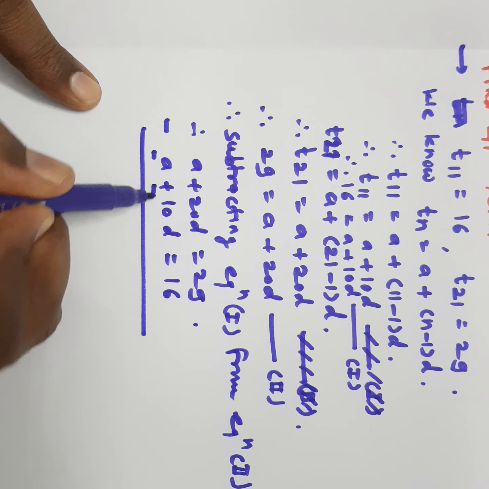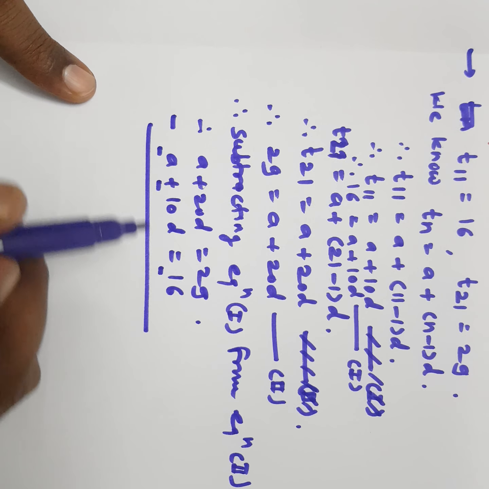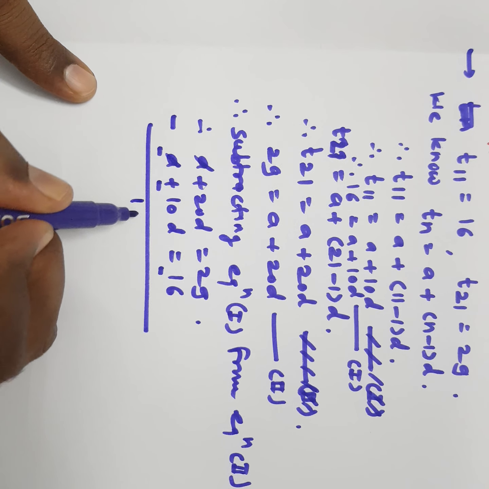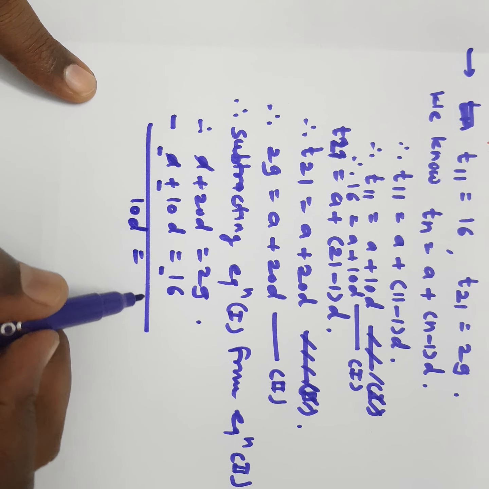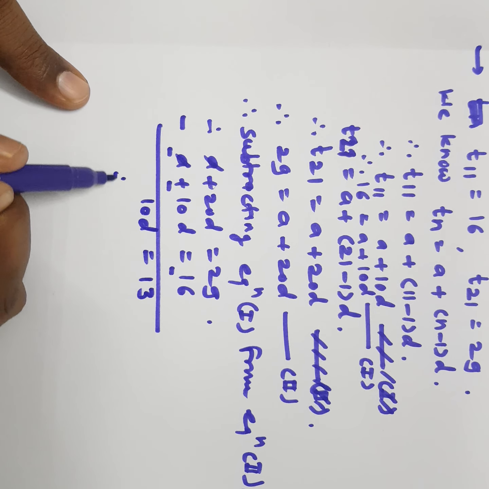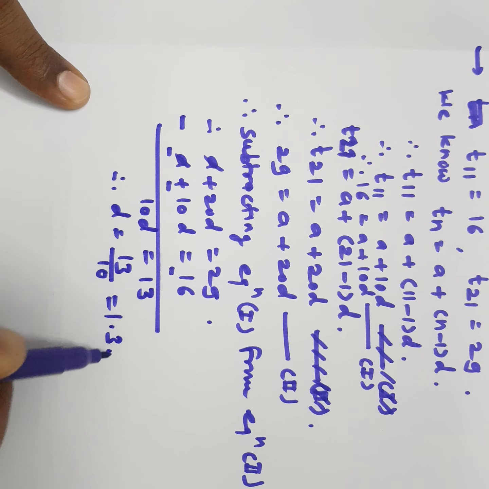Here the signs of all terms of the second equation will change. a minus a gets 0. Therefore 10d is equal to 13. Therefore d is equal to 13 upon 10 is equal to 1.3.